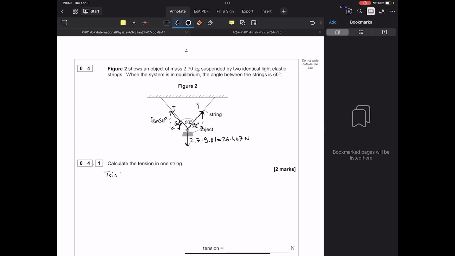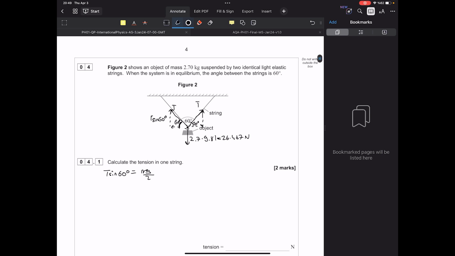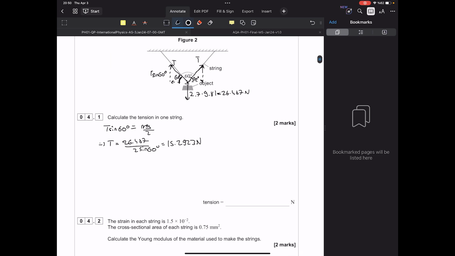So T sine 60 degrees is equal to mg over 2, which means T is going to be equal to 26.487 divided by 2 sine 60, which will give us 15.2923 newtons, which to 3SF is 15.3 newtons.